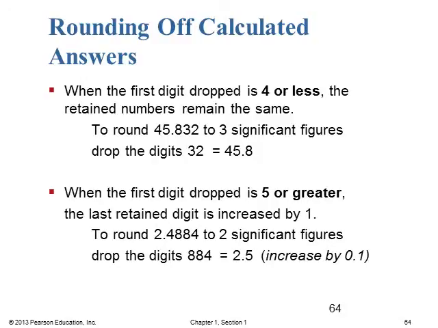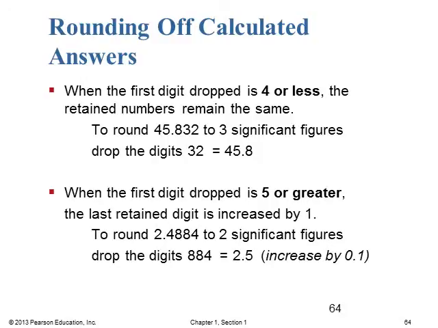So in the case here, if we have to round 45.832 to 3 significant figures, we're going to want to keep the 4, 5, and the 8 place. We see that the 32 is going to be dropped off. And because the first digit that's going to be dropped off is a 3, that is 4 or less, it's less than 4, and so the 8 is going to stay the same. And so we're going to be able to report 45.8.